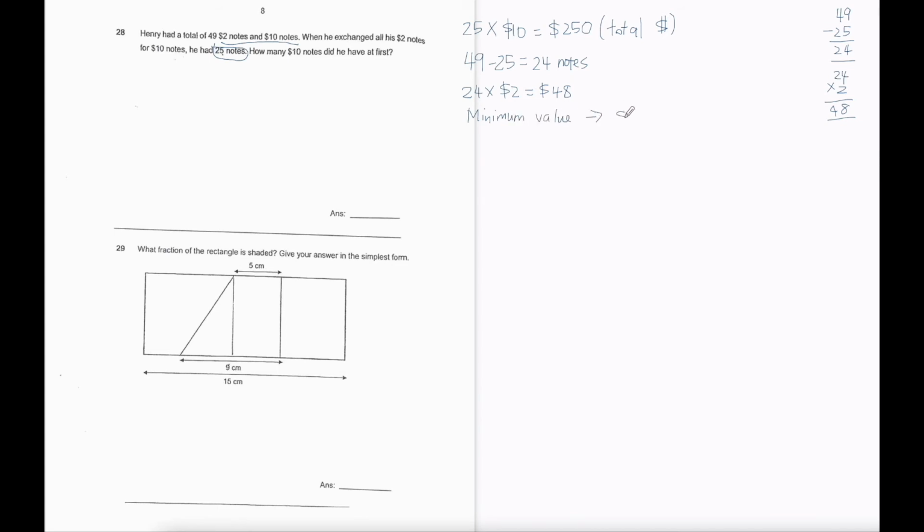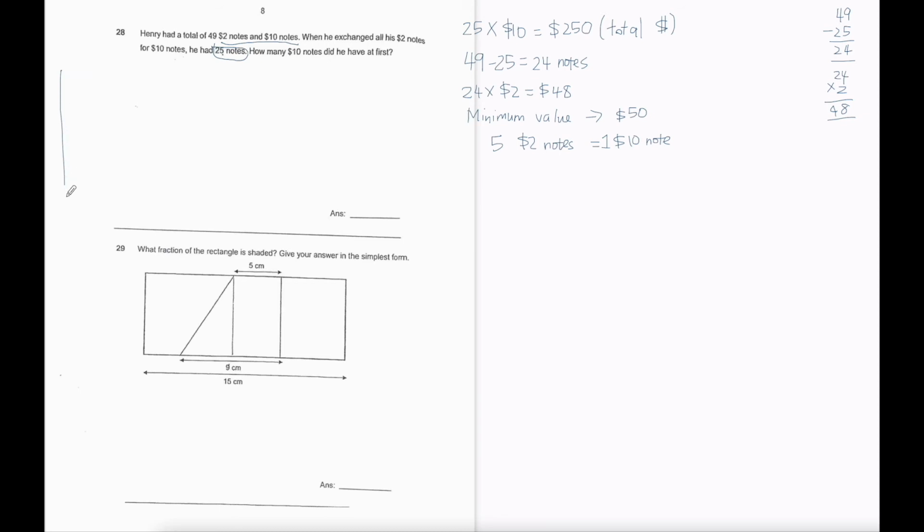It will be $50. At least $50 were changed, because 5 $2 notes equals 1 $10 note. With all this information, the next best thing I can do is guess and check.